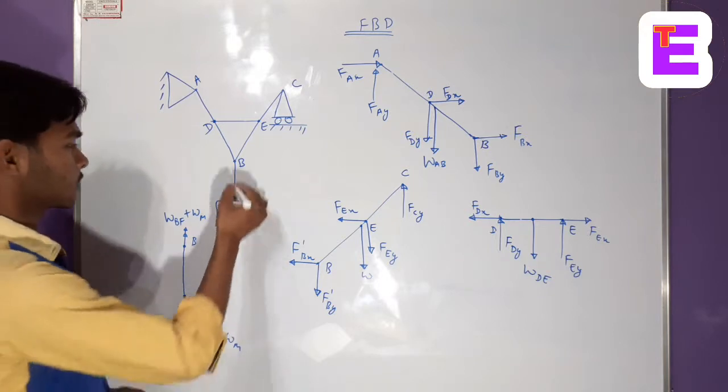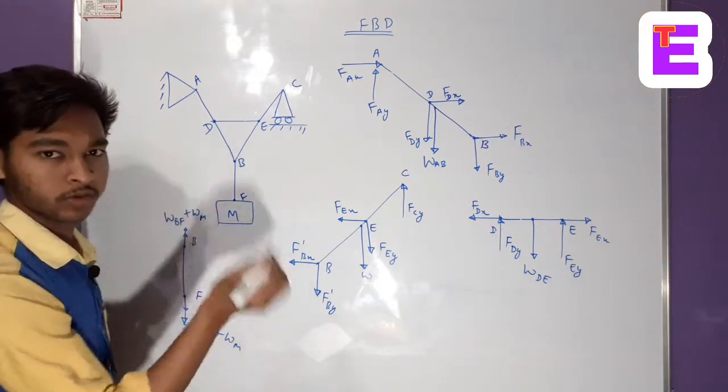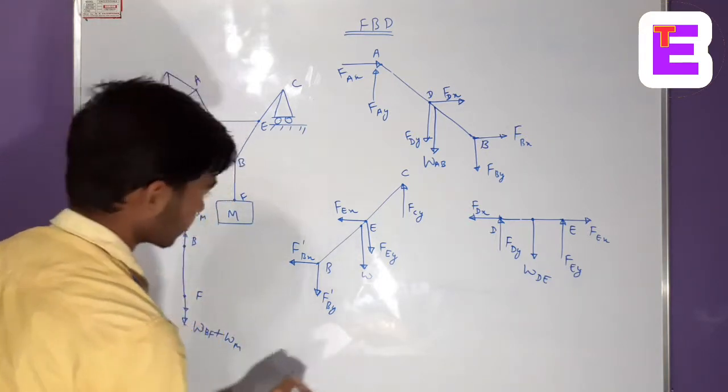And for joint B, if we try to draw the free body diagram, what will happen here?